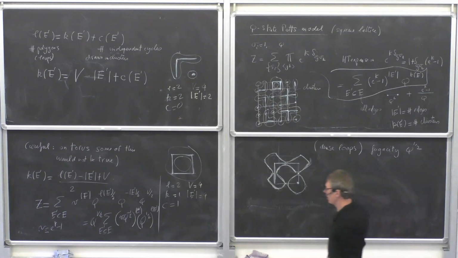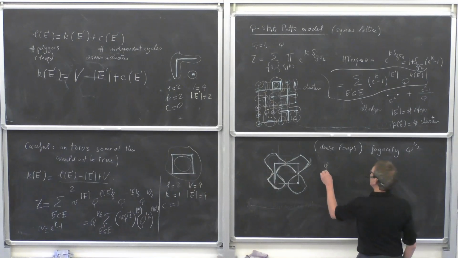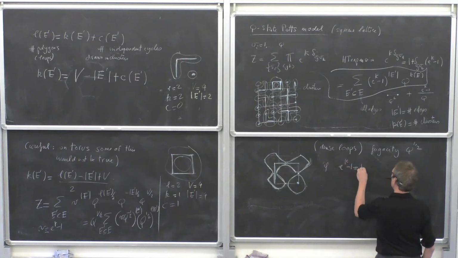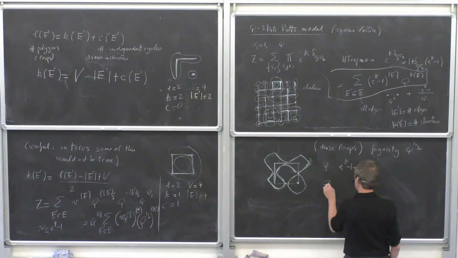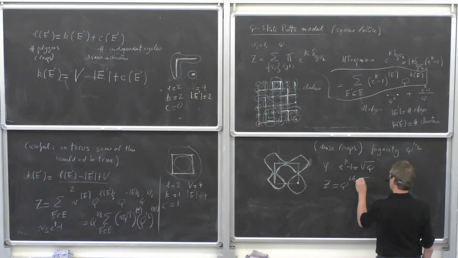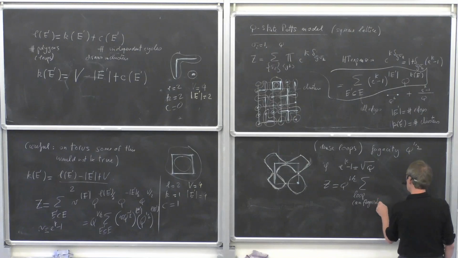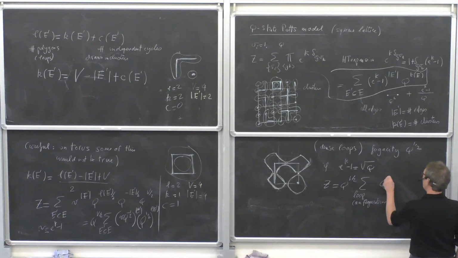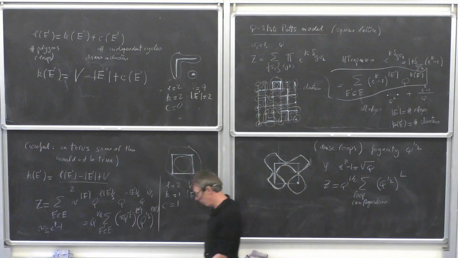It's not particularly nice, but if this is equal to 1, if e to the K minus 1 is equal to square root of Q, then this factor disappears, and Z is equal to Q to the V over 2 sum over, now we can forget E prime, and this is just a sum over loop configurations of Q to the 1/2 to L of E prime, which is just what I called earlier, L, the number of loops.